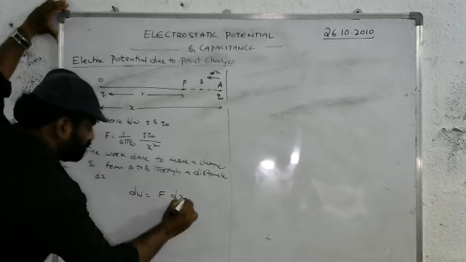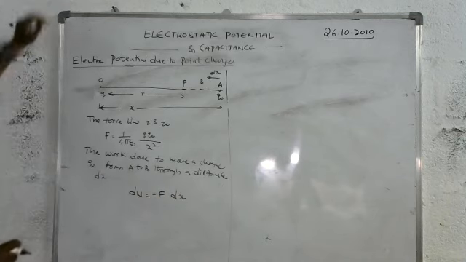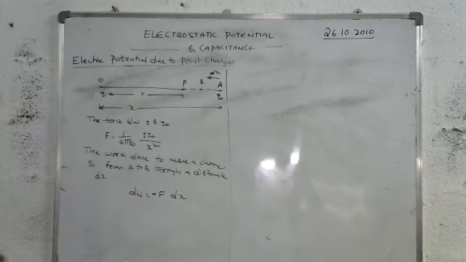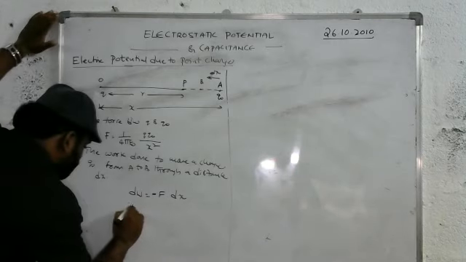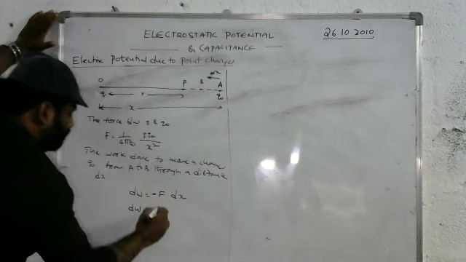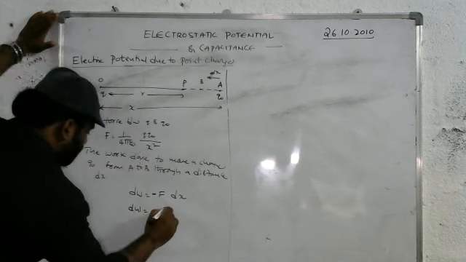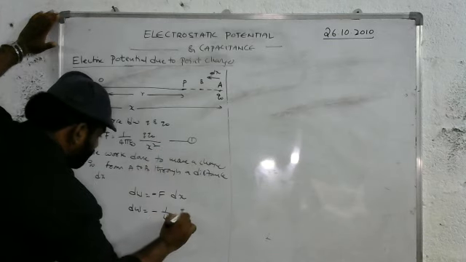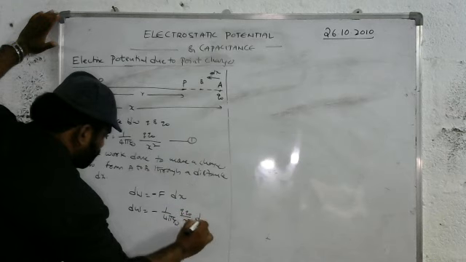We have the formula force into displacement, but we are working opposite to the field, so we have to keep a negative sign. So dW is equal to minus F into dx. Substituting the force, dW is equal to minus 1 by 4 pi epsilon naught Q Q naught by x square into dx.